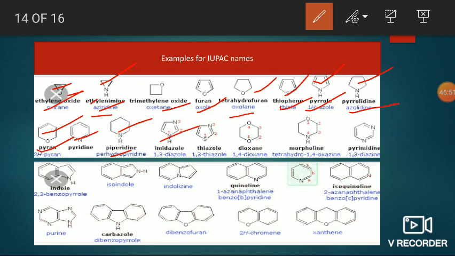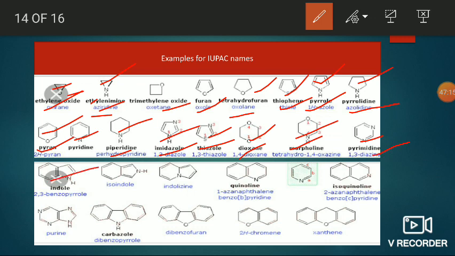It is imidazole, or 1,3-diazole. Thiazole: the IUPAC name is 1,3-thiazole. Dioxane, but the IUPAC name is 1,4-dioxane. Morpholine is the general name, but it is tetrahydro-1,4-oxazine. It is pyrimidine, but the IUPAC name is 1,3-diazine.